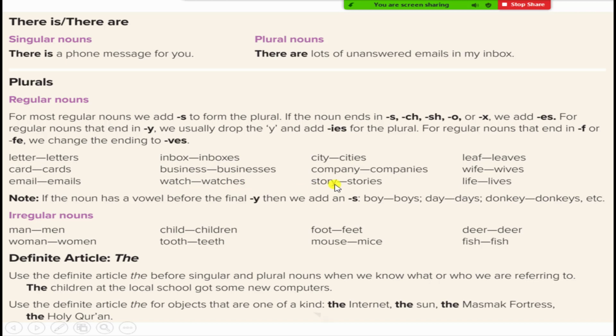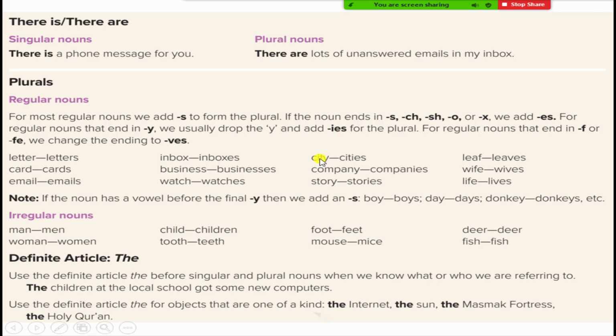Another case: if the noun ends in y and has a consonant before it, we delete the y and add ies.